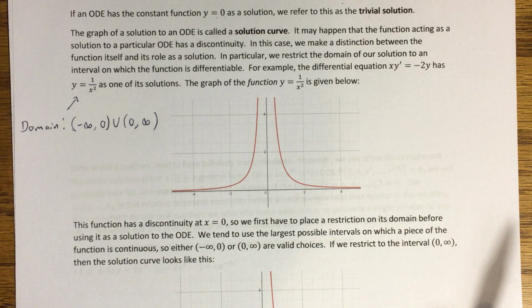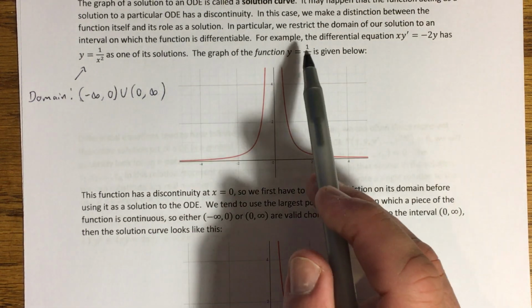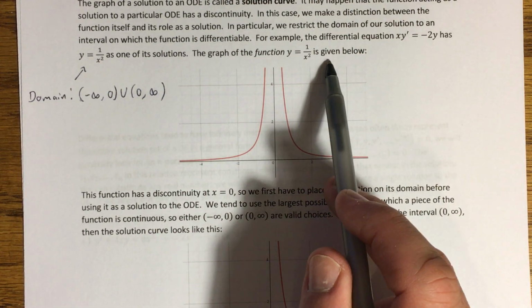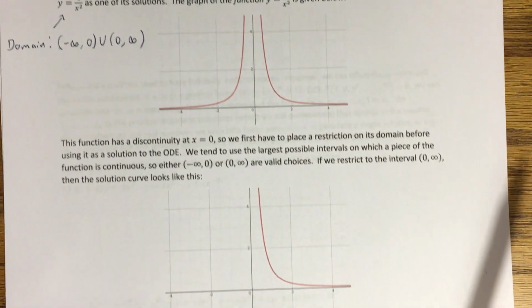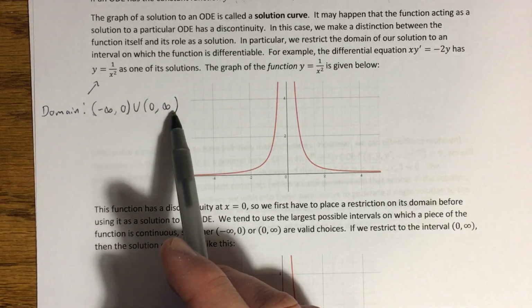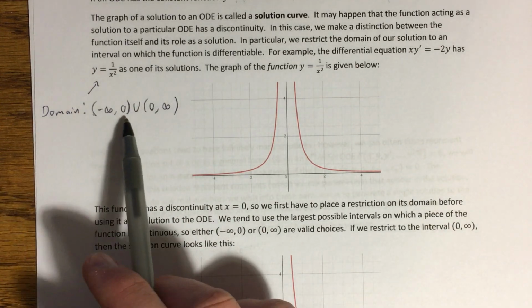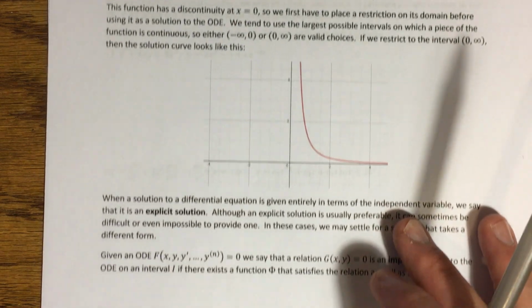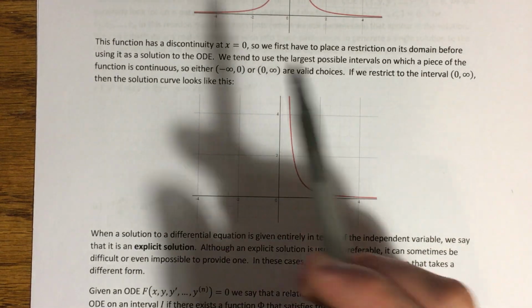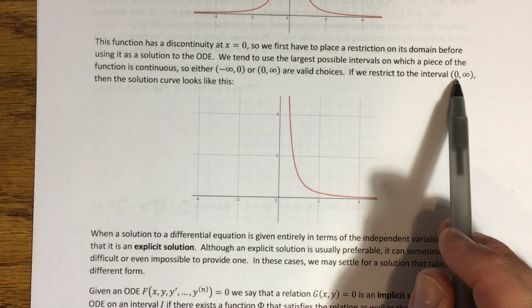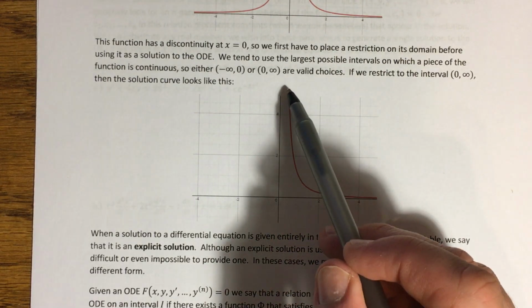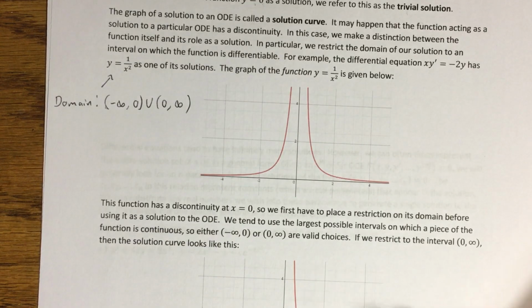And so for that reason, if I was going to call y equals 1 over x squared a solution to this differential equation, I have to restrict its domain to one of these two intervals, either 0 to infinity or negative infinity to 0. So an example here is if I decided to restrict my solution to the interval 0 to infinity, then the solution curve actually looks like this, not like this.